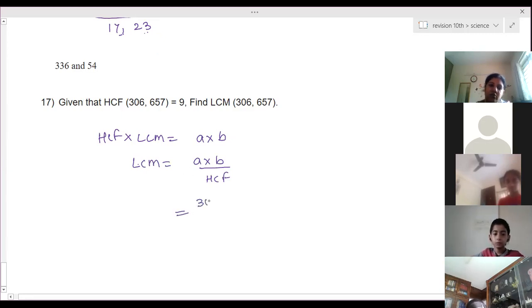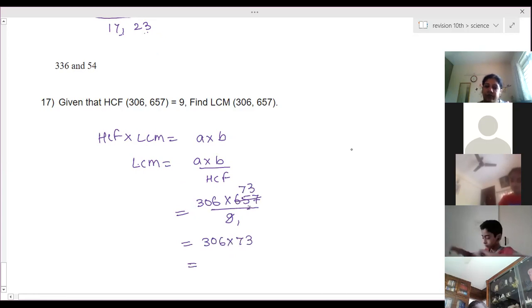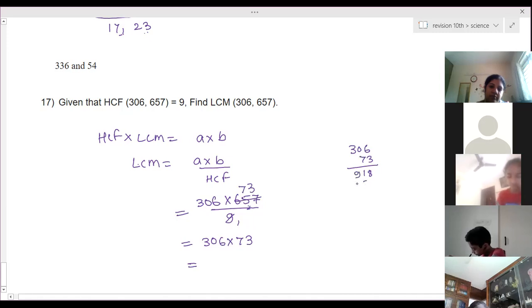So A is 306 into 657 divided by 9. So 9 sevens are 63, 657 divided by 9 is 73. So 306 into 73 is the LCM. So multiply. Ma'am, 22,338.